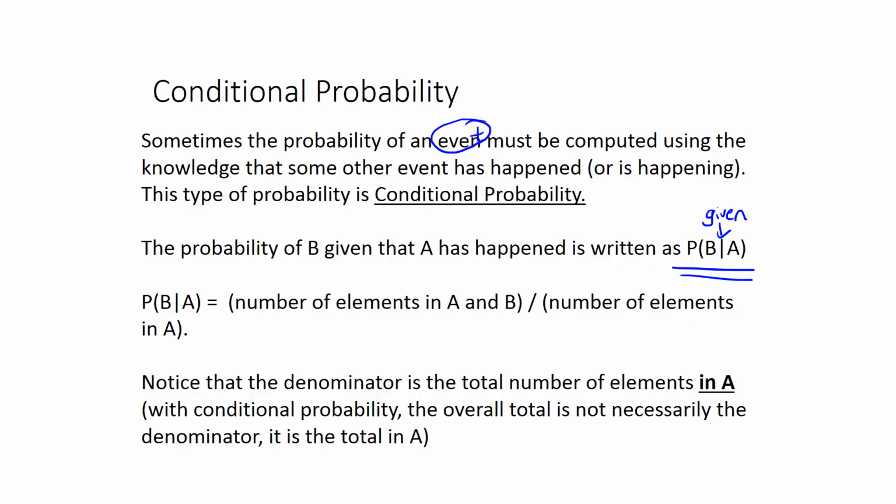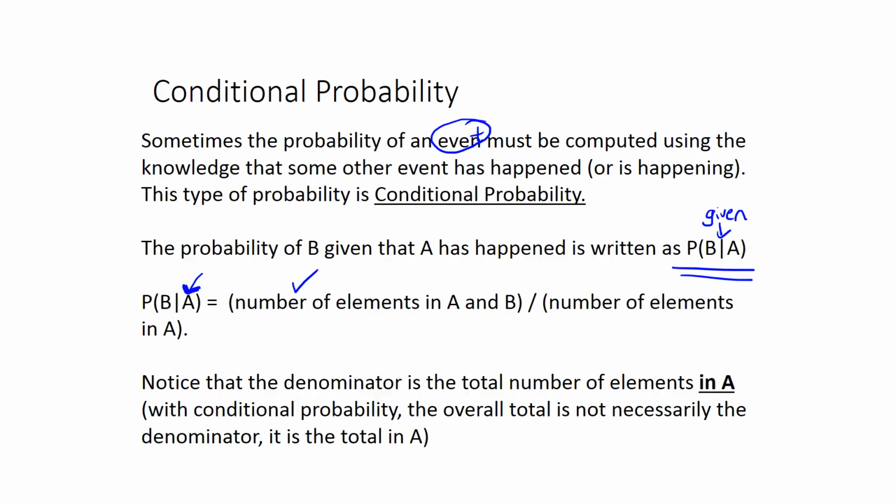If you wrote it the other way, probability of A given B, that's actually different. That's a probability of A given B happened. Here it's probability of B given A happened, which is also thought of as the number of elements in A and B over the number of elements in A. So the number of elements that you're interested in is the number of elements in A. Notice that the denominator is the total number of elements in A. With conditional probability, the overall total is not necessarily the denominator.